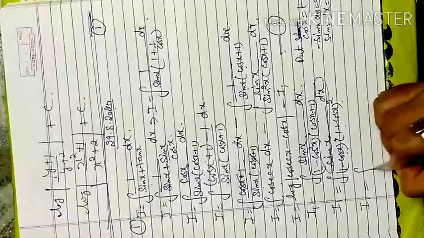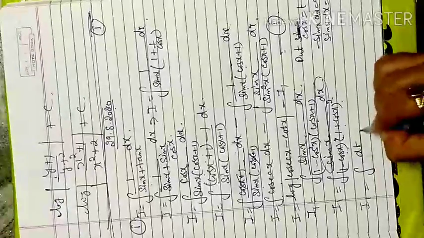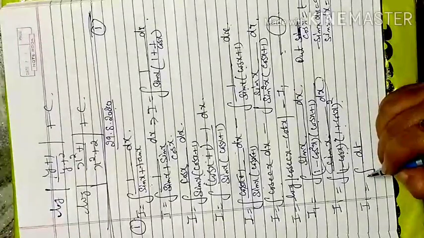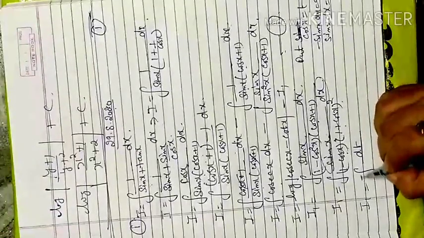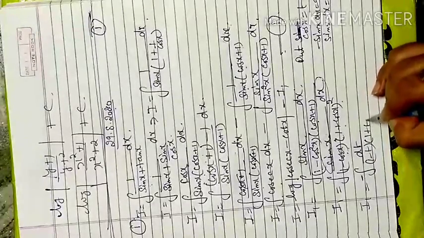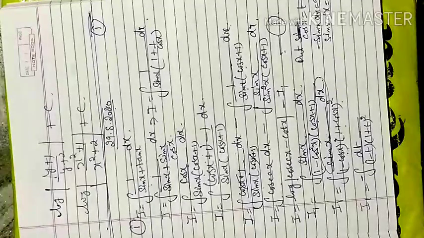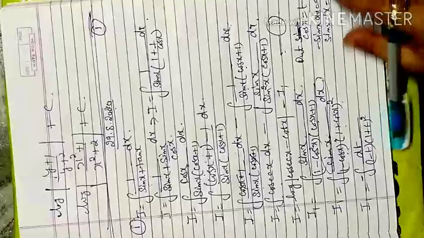Then I is equal to, what is left is dt in the numerator, the negative sign I keep outside, then 1 minus t, 1 plus t whole square. Now these are linear factors, so from here I can judge that I can solve by the partial fraction method.